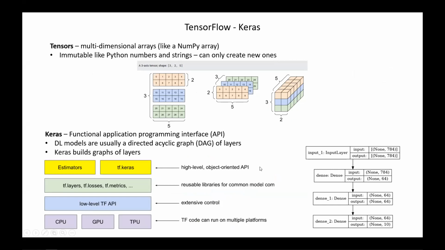Tensors are sort of like arrays from NumPy, the package that you've seen Dr. Ken use, but they're multi-dimensional arrays. Just like you can only create new ones, you can't change them. They're immutable, as they say. And so these are the structures of our data that TensorFlow will perform functions on.